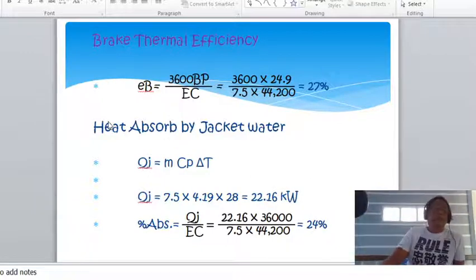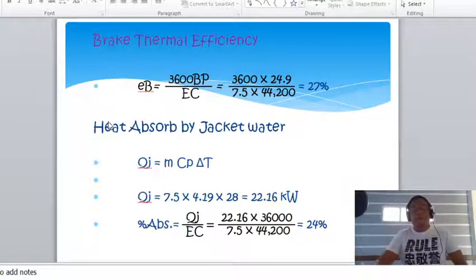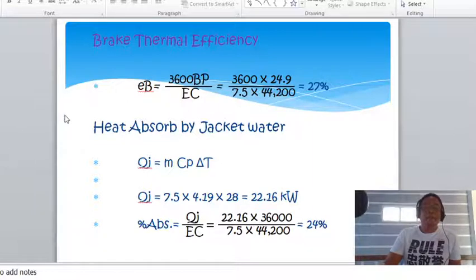For the heat absorbed by the jacket water, that is QJ equals the mass of water multiplied by CP water and the delta T of water. Substituting values, the value is 22.16 kilowatts. Let us now get the percentage absorbed by the jacket water.